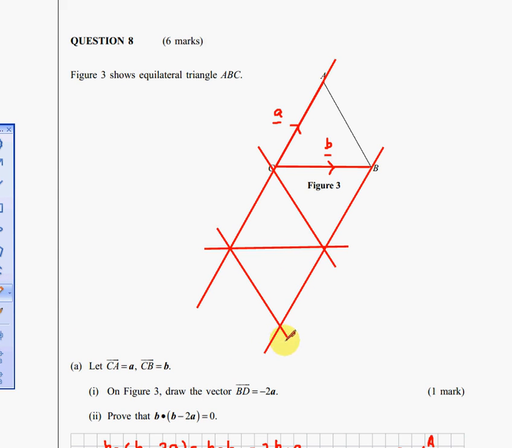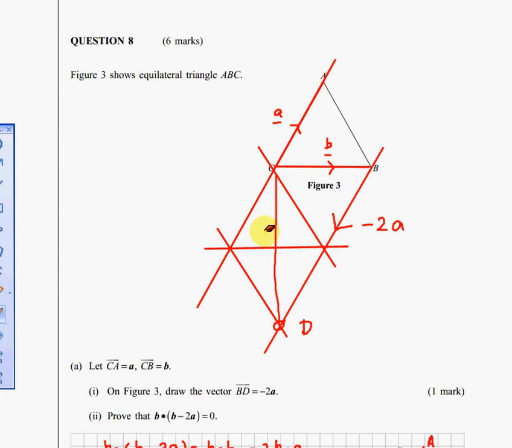Finally, this point here would be a point D, and this would be your negative 2a, right? And then let me solve part B first, since I'm drawing this.